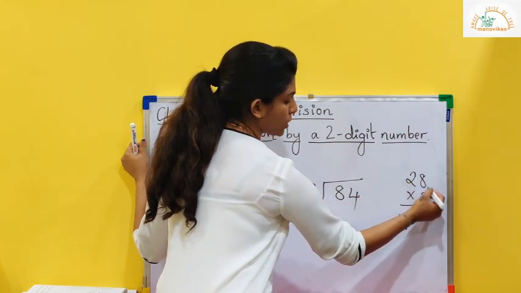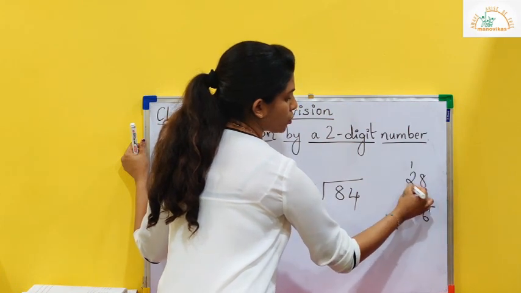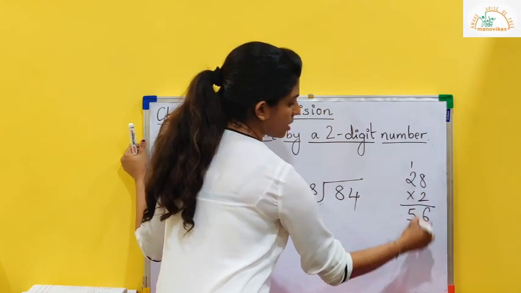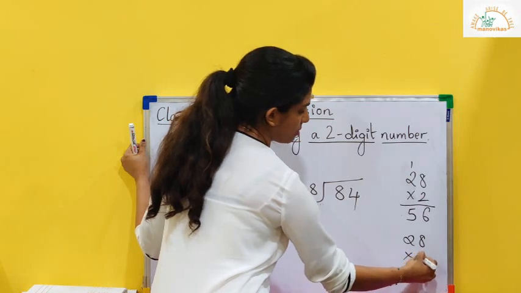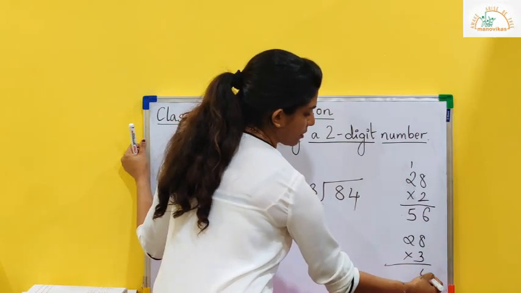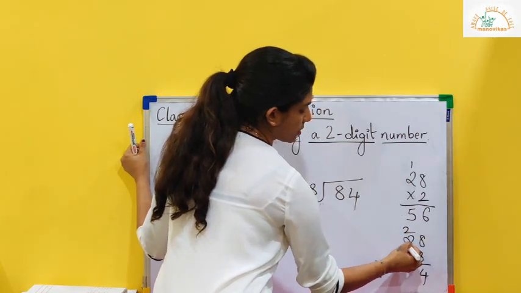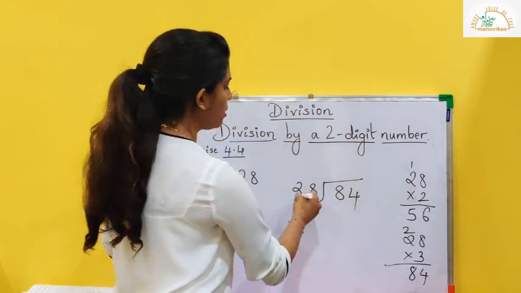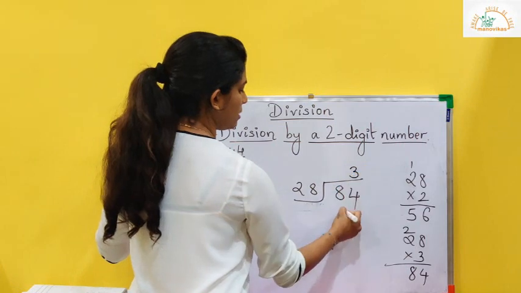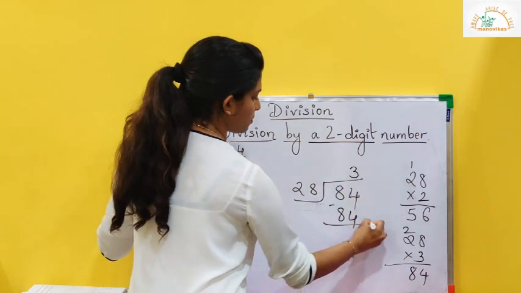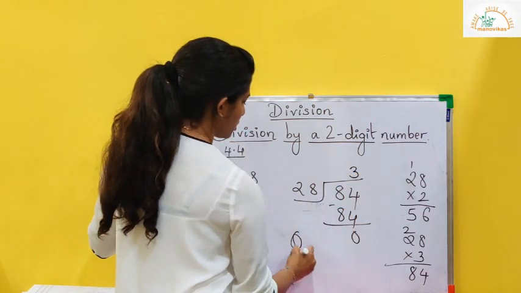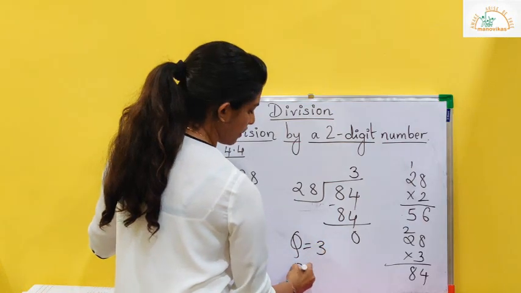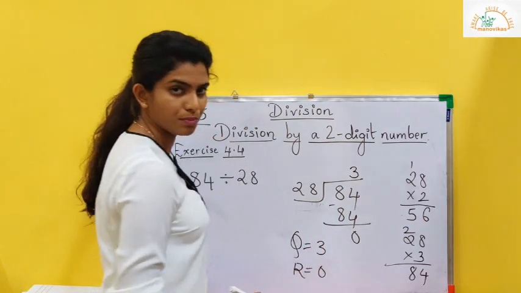So 2 8s are 16. 2 2s are 4 plus 1 is 5, so 56. 28 3s: 8 3s are 24, 2 3s are 6 plus 2 is 8, so 84. So we get 84 here. So 28 3s are 84. We get 0. Now here the quotient is 3 and the remainder is 0.